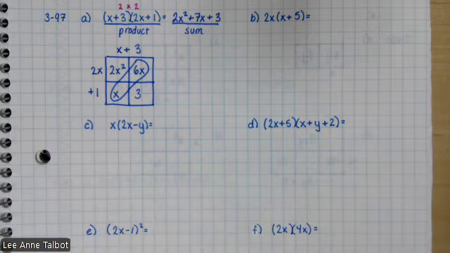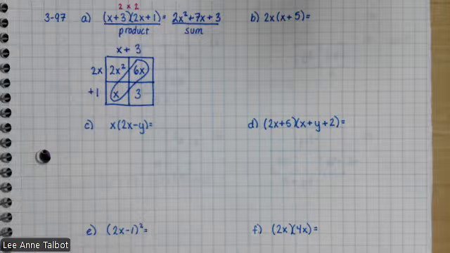Okay, I'm going to give you guys a good 6 to 7 minutes to finish these. So if you guys could work on B through F, that would be great.